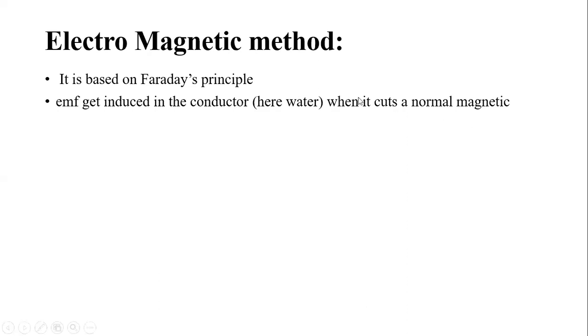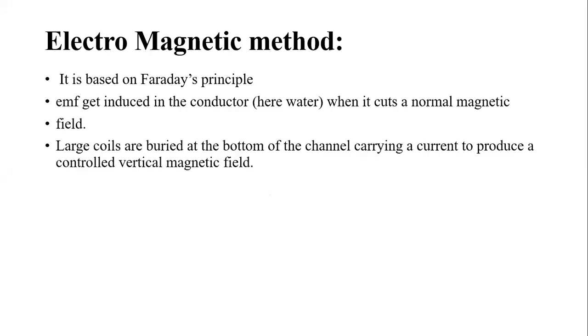So when the water cuts the magnetic flux, electromotive force is generated in the water, and we measure that generated electromotive force or voltage by placing sensors, and by that we have a relation.